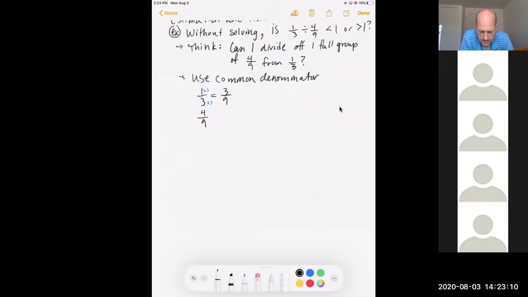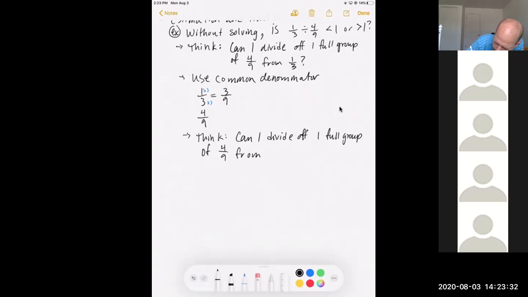My new question is, can I divide off one full group of 4/9 from 3/9? What do you guys think?